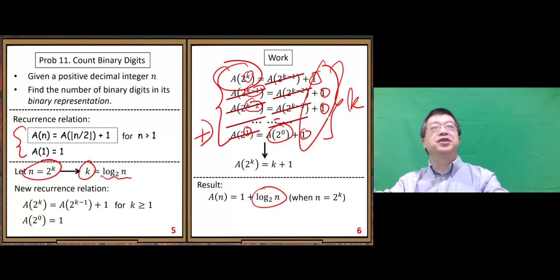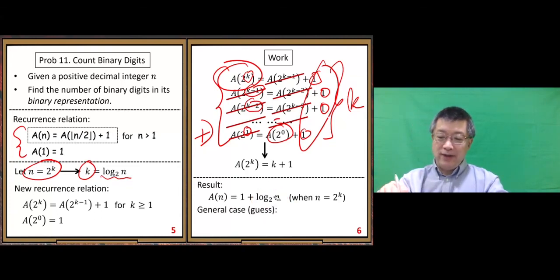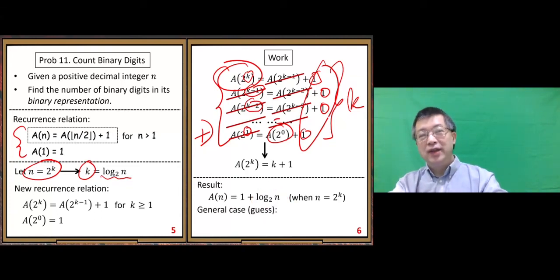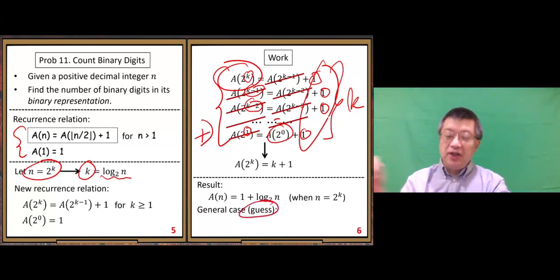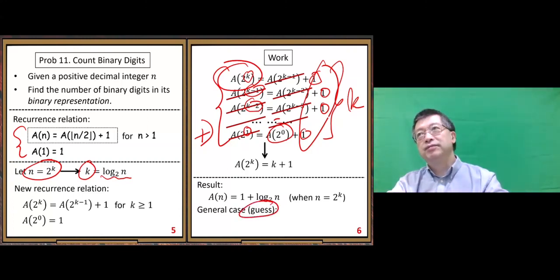What's next? Now we need to worry about the general case. For the general case, before we try to solve it, can you make a guess? In problem solving, you will see guessing is a very important step.